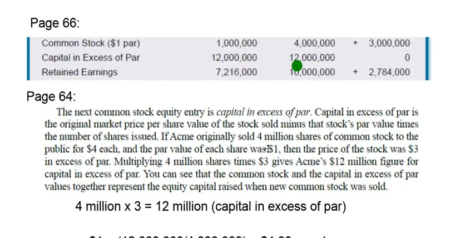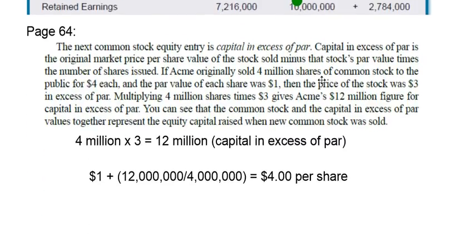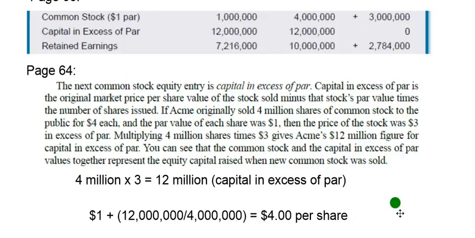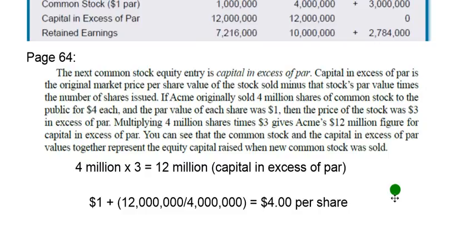So think about this in terms of this being the unknown. Well, it says right here that the common stock and the capital in excess of par values together represent the equity capital raised when the new common stock was sold.